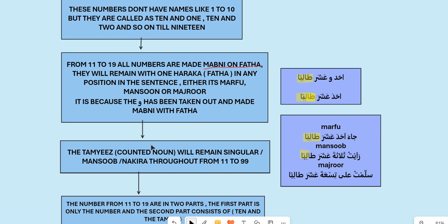And what about the counted nouns after the number 10? From 3 to 10, the counted nouns are called ma'dud. I'm not taking 1 and 2 because 1 and 2 follow noun and adjective. Numbers come as adjective. So the counted noun starts from 3 to 10.